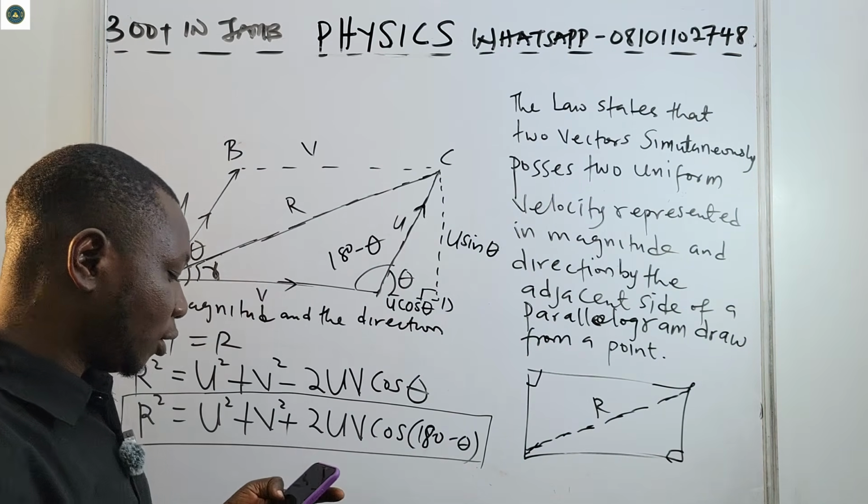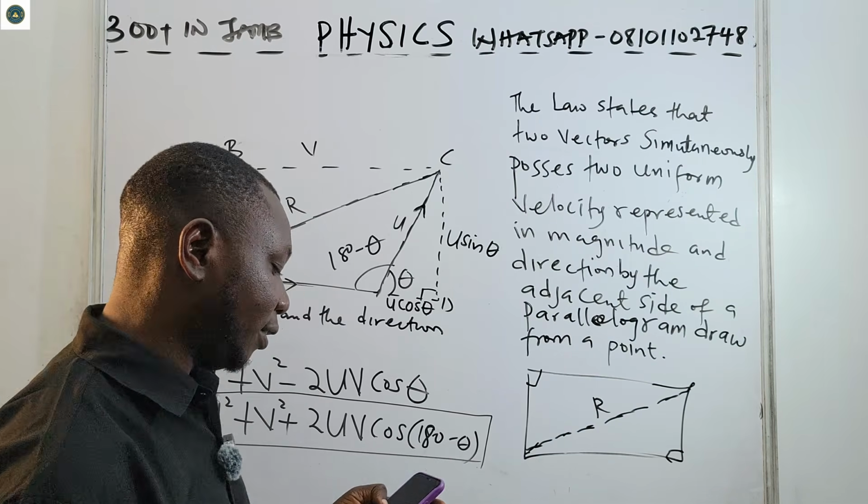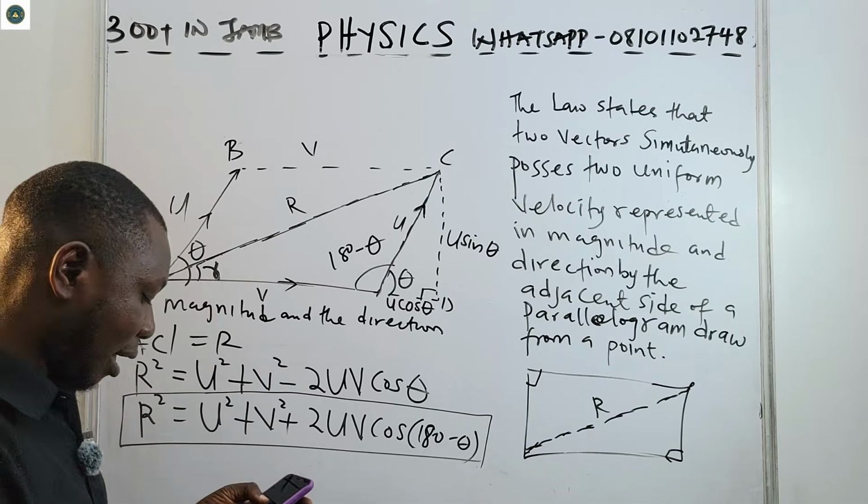So two uniform velocities U and V, represented by the vectors AB and AD respectively, is what we have.